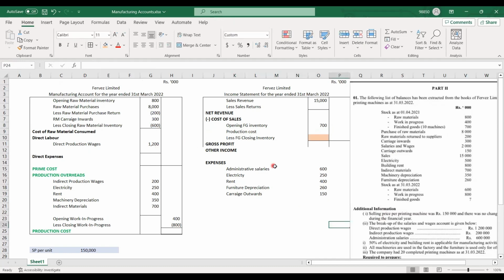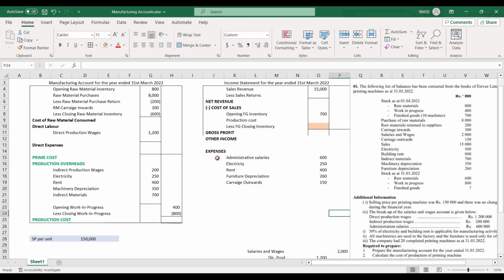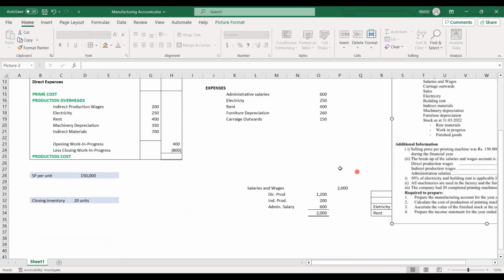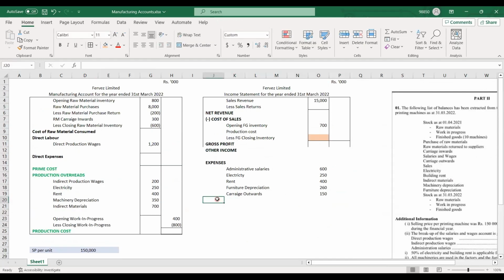So now that we have transferred everything else, we can finish off this working, right? Because even the income statement is okay. After expenses, you get the total and then you get net profit, right? Net profit for the year.